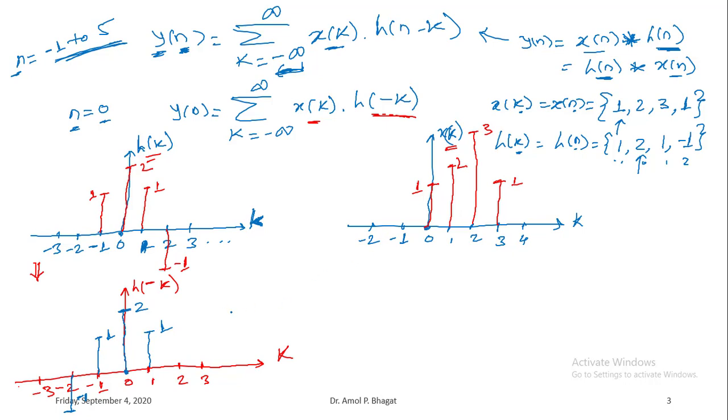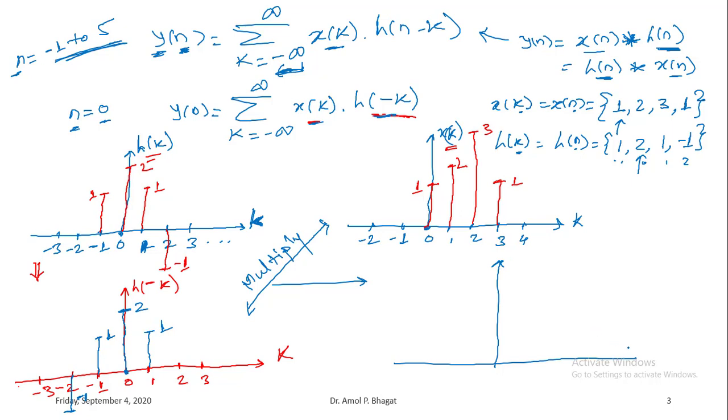Now, as per this formula, we need to simply multiply x of k and h of minus k. We will multiply these two sequences and plot the multiplication result here.